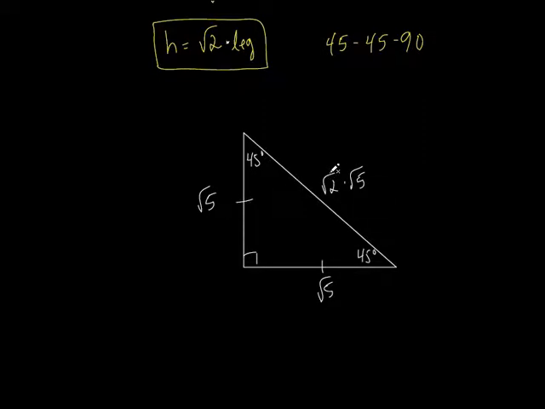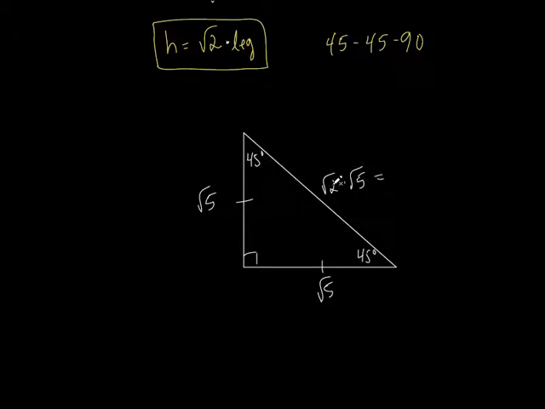So the square root of 2 is kind of like 1.4. It means this is 1.4 times as big as this. You got it? Every time, no matter how big your triangle is, no matter how small your triangle is, the hypotenuse is always 1.4 or the square root of 2 times as big as either one of those legs. You see it? All right, so whatever the leg is depends on what your hypotenuse is.